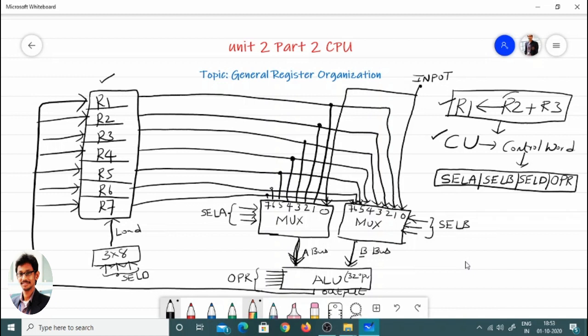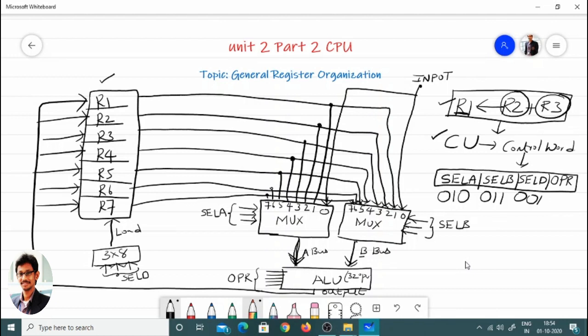R2 register. R2 means 0, 1, 0. SELB means R3. R3 means 0, 1, 1. Now to which register does the content have to move? Output has to go to the R1 register. So R1 register means SELD, SELD means 0, 0, 1.